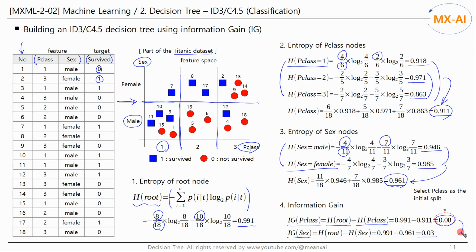Comparing these two, p-class has greater information gain. This means that it is better to split the feature p-class first. That means of the 2 trees above, the first one is better. By using information gain in this way, we can create an optimal ID3 decision tree.